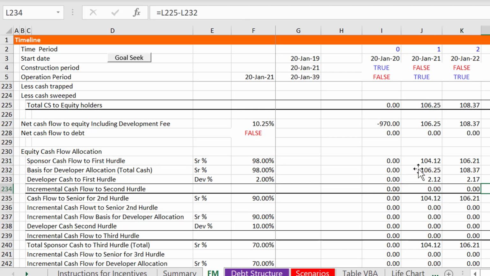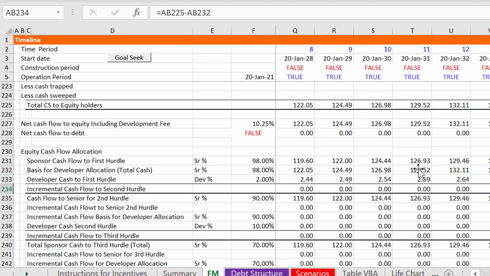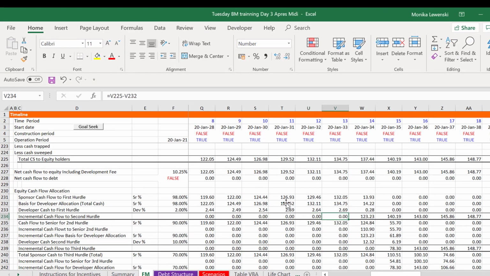The key thing about this one is this first period. So the total cash flow was 137. We gave 14 to both the developer and the sponsor. That's how much is left over for tranche number 2.